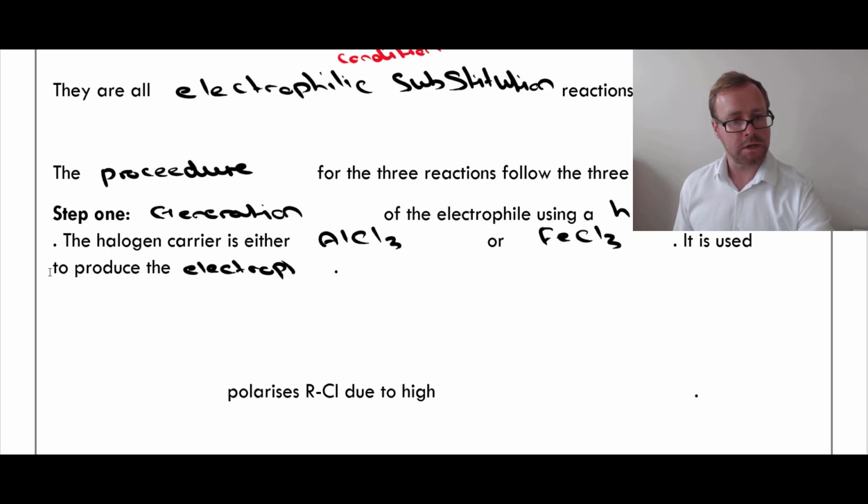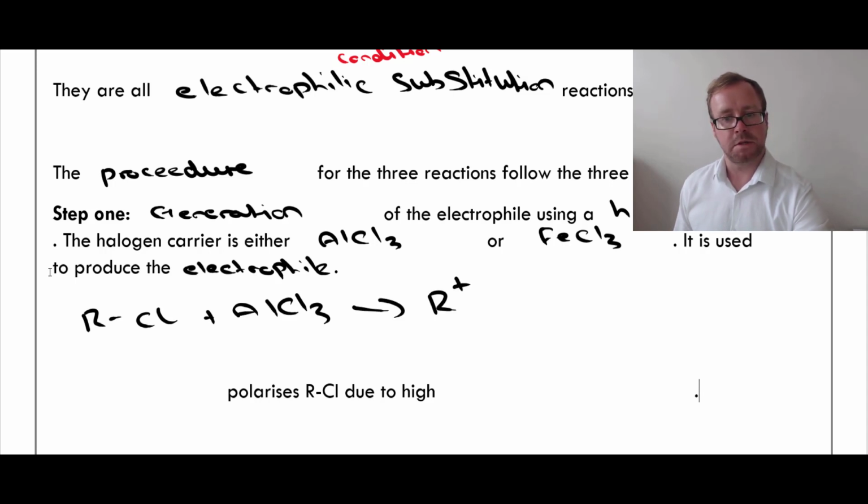So what actually happens is we take our RCl, we add, I'll stick with aluminium chloride to it, and we produce R+ AlCl4-.